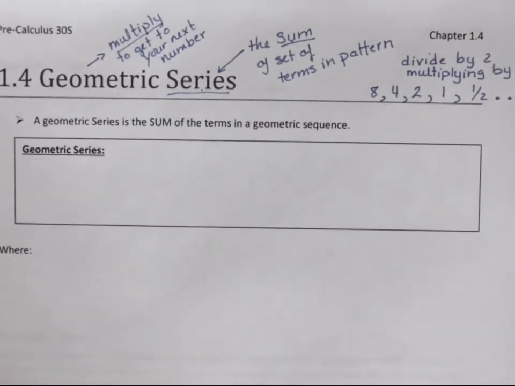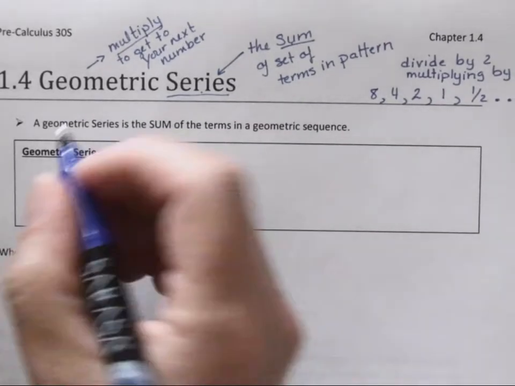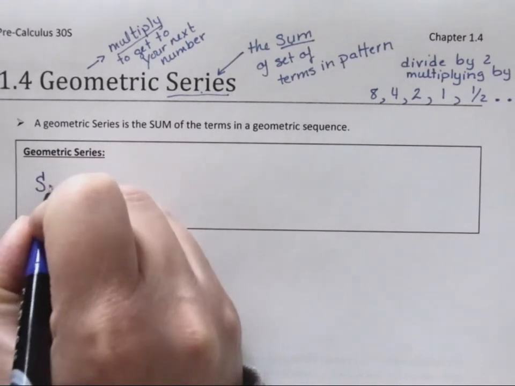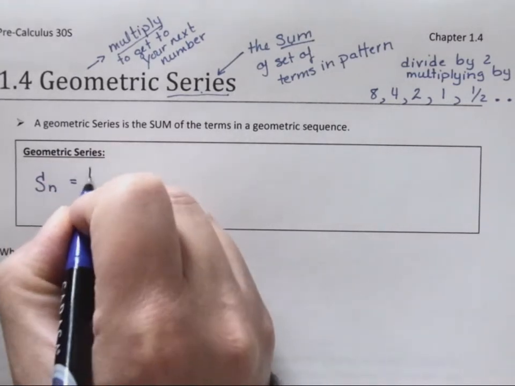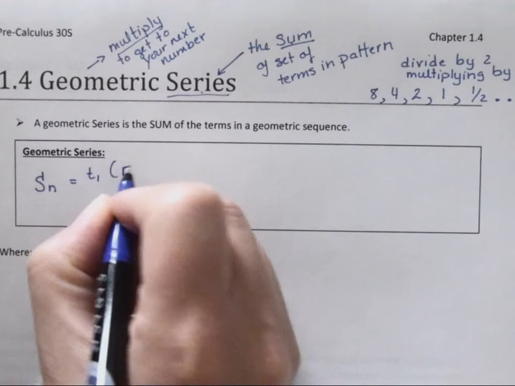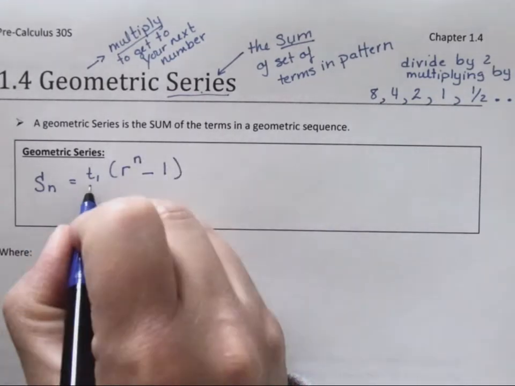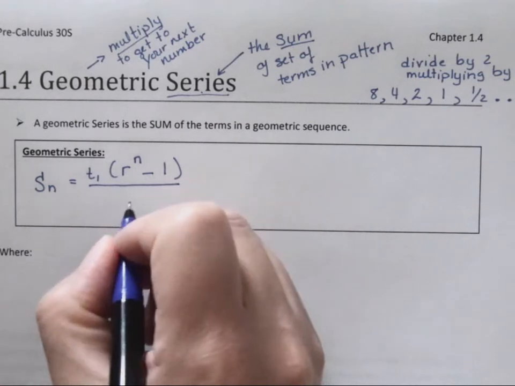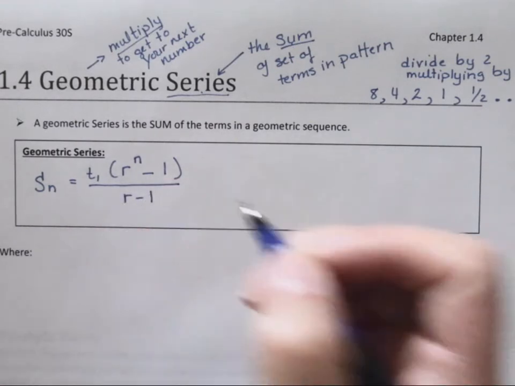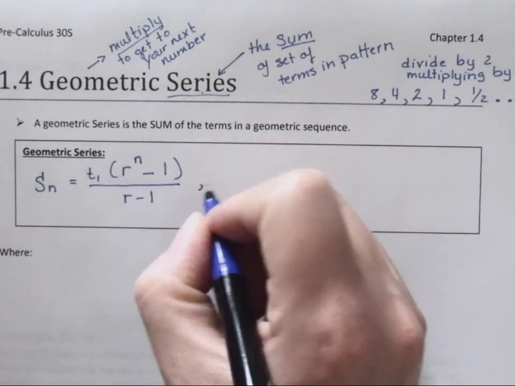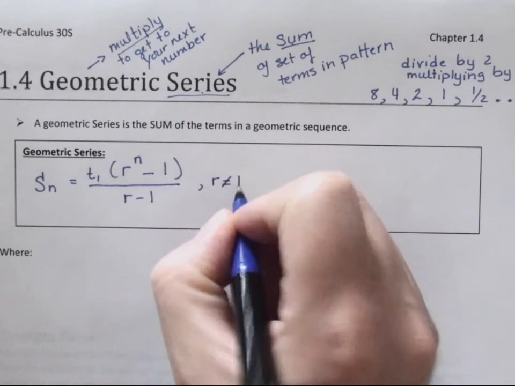Okay, so geometric series, you have two options. So our first one is Sn equals T1 times r to the exponent n, subtract 1, over r minus 1. Now there's a restriction after it, and the restriction just says that r cannot equal 1.